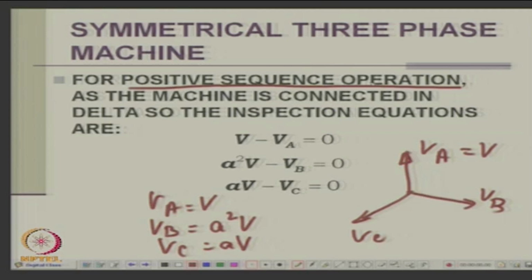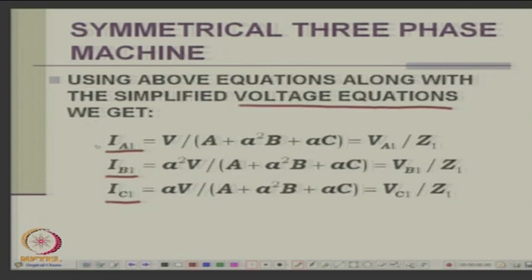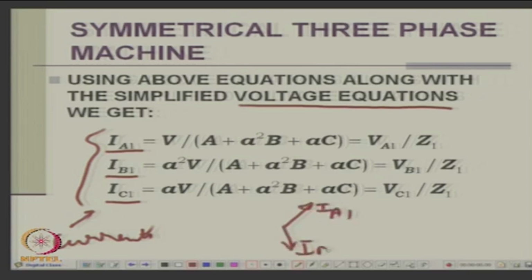Positive sequence operation is this, and you expect, therefore, the currents IA1, IB1, IC1 for the applied voltages VA1, VB1 and VC1, and you call this angle, let us say, theta, usually the fundamental, whatever it is.